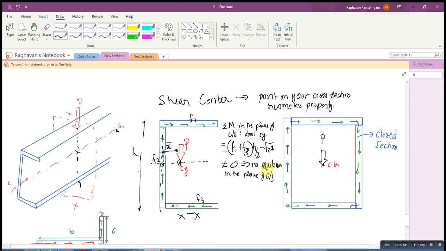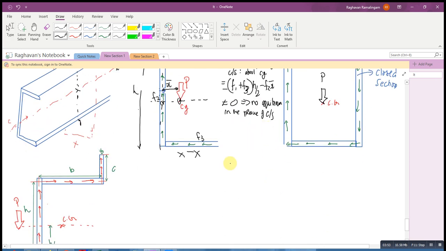Now before proceeding, I would just like to draw your attention to a normal beam. It's a simply supported beam, and if I have a certain load, and I get the bending moment over here, because of the bending moment in this particular beam, my member will actually rotate like this.